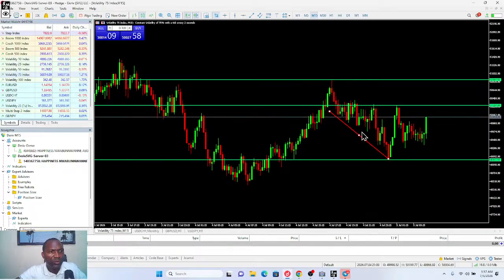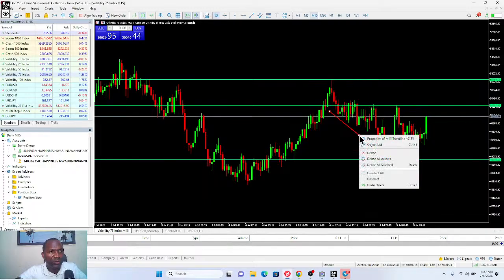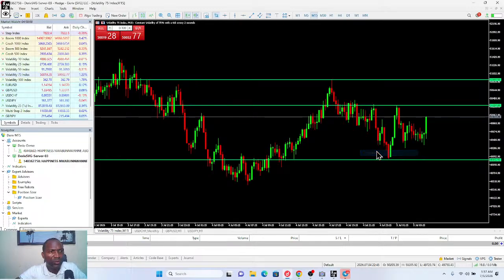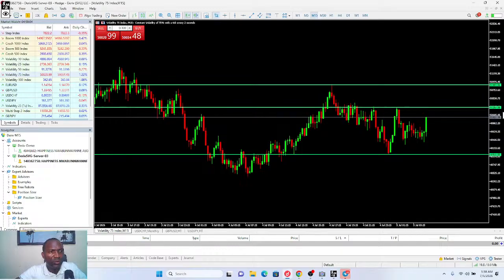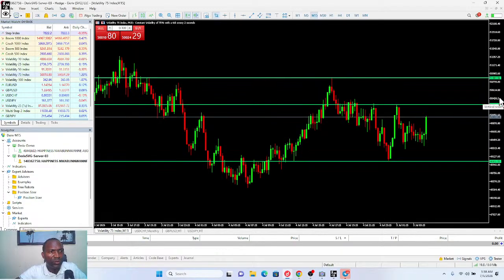So these are the setups we'll be looking at. We've done the volatility 75 1s index, and we've done the multi-step index.